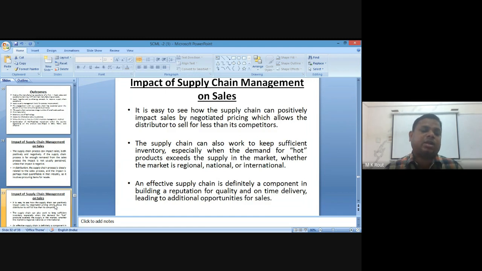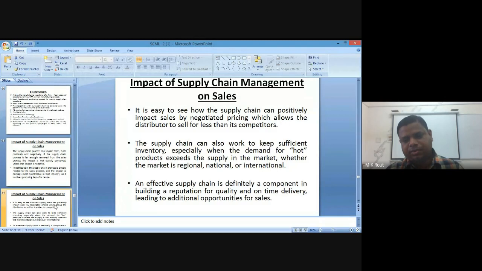The next part is that the supply chain can also work to keep sufficient inventory. As I told, during festivities or during the peak level of demand, it is difficult to maintain the balance between demand and supply. So when the demand for a hot product exceeds the supply in the market, whether the market is regional, national, or international.